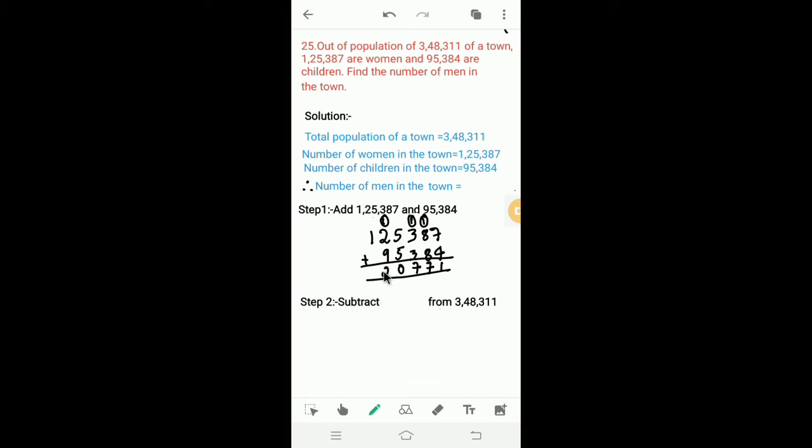So I will write 2 here and 1 carry. 1 plus 1 is 2. So the answer is 2,20,771.